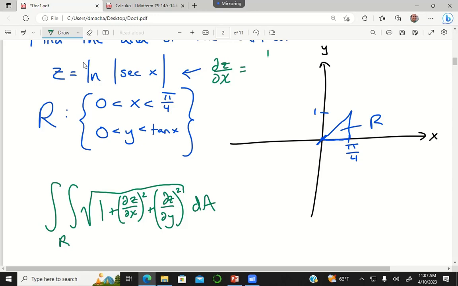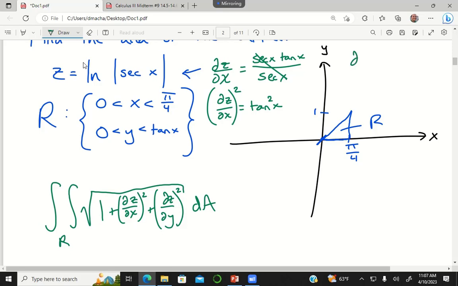Yeah, that's going to be 1 over secant x, and then times the derivative of the inside function, and the derivative of secant is secant tangent. So in the numerator, I would put secant x tangent x, and those are going to cancel out, and the partial with respect to x is tangent. And if I want it squared, then this would be tangent squared x.